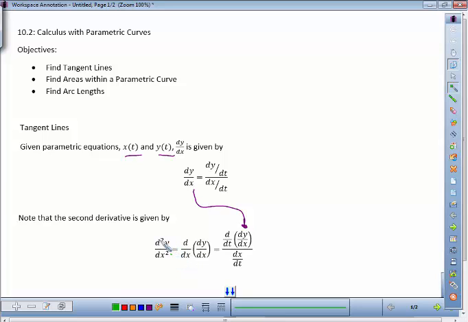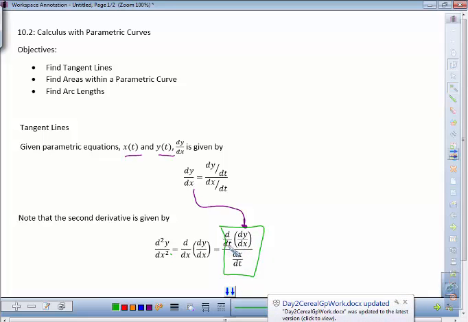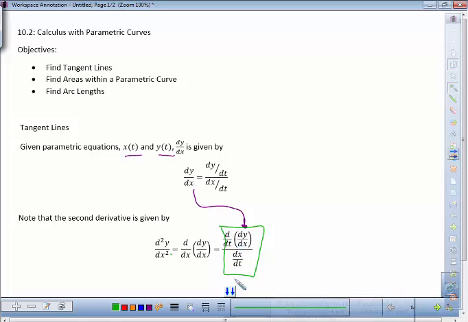But remember, it's a t. So let's look at this last part of the formula. It looks like I want to take the derivative of dy/dx, and I want to divide by dx/dt. Okay, we have dy/dx, right? We just did that on the previous problem, and then we just need dx/dt.